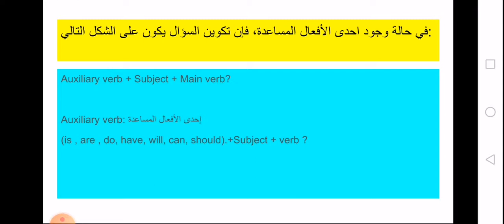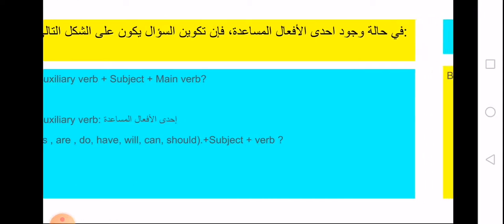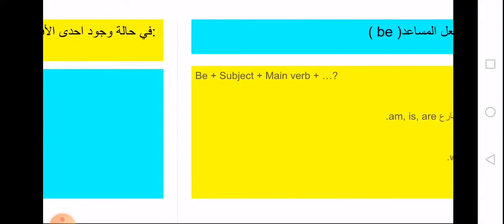We are going to start with the auxiliary verb, followed by the subject and the main verb, then a question mark. The subject might be a pronoun such as I, you, we. This is the rule of how to write a question.